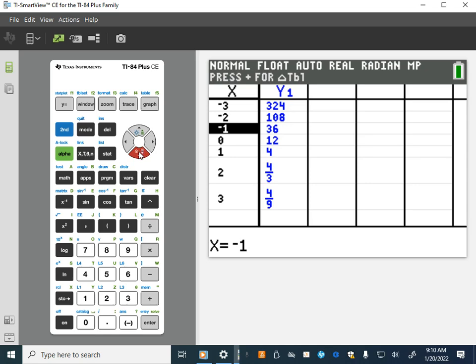Negative 1, 36, 0, 12, 1, 4, 2, 4 over 3, which is 1.3 repeating. All checks out.